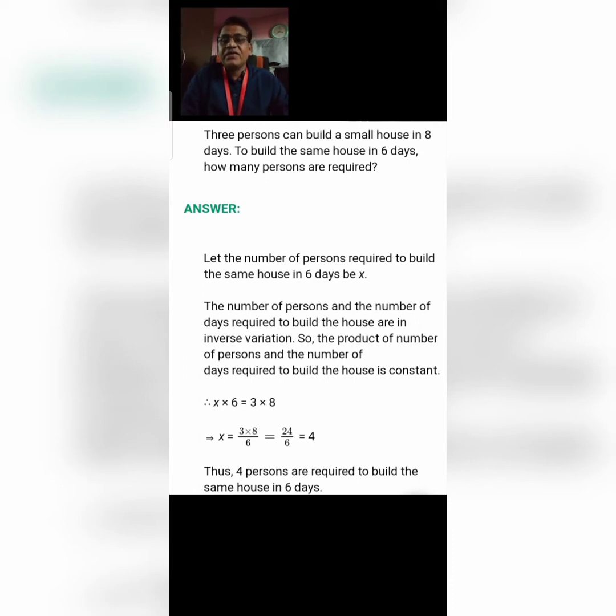Therefore x into 6 is equal to 3 into 8. So x is equal to 3 into 8 by 6. 3 eights are 24 upon 6. 6 fours are 24. So 4 persons. Thus 4 persons are required to build the same house in 6 days.